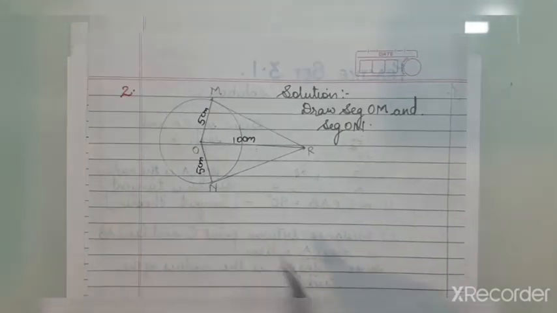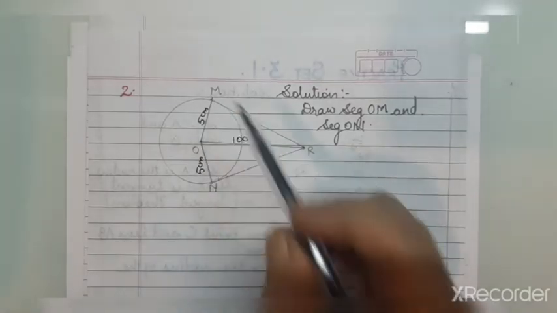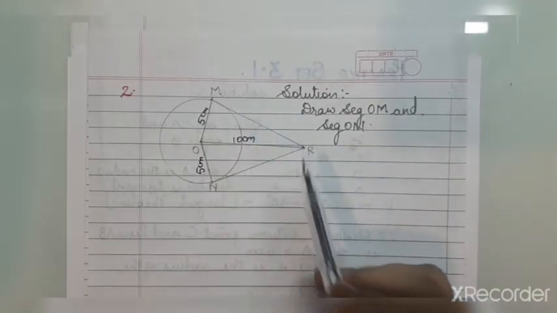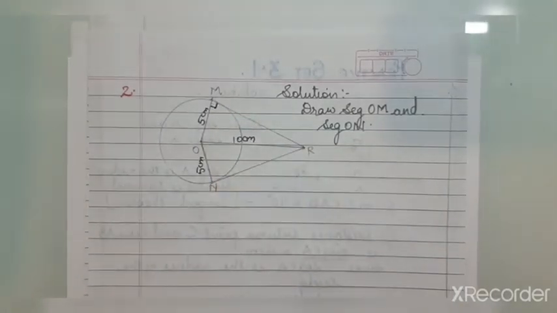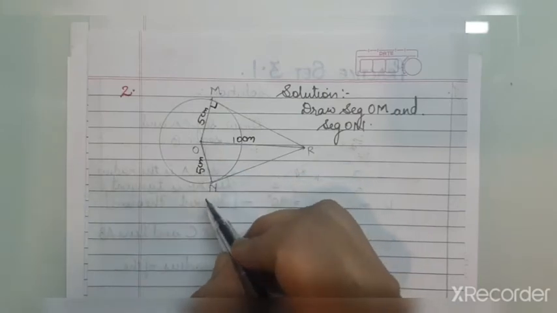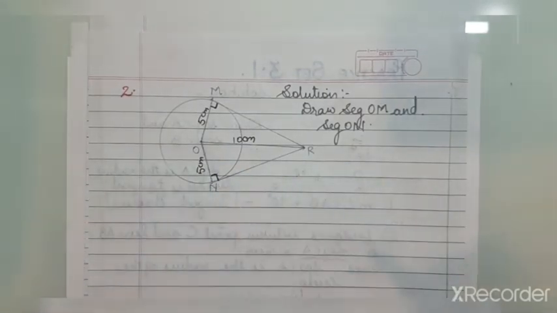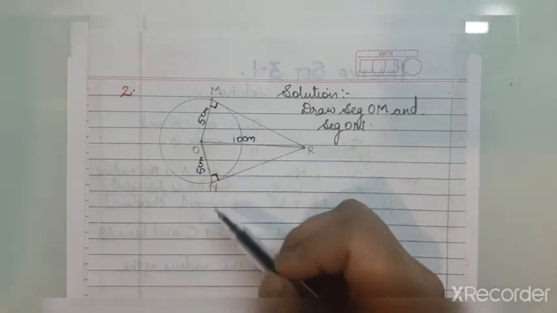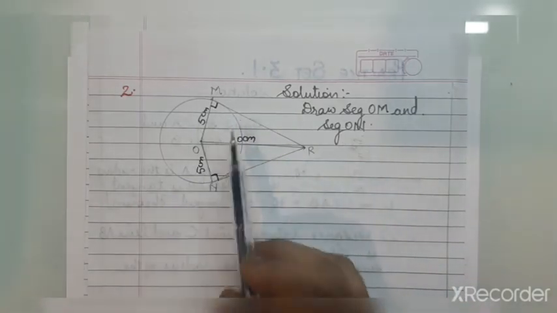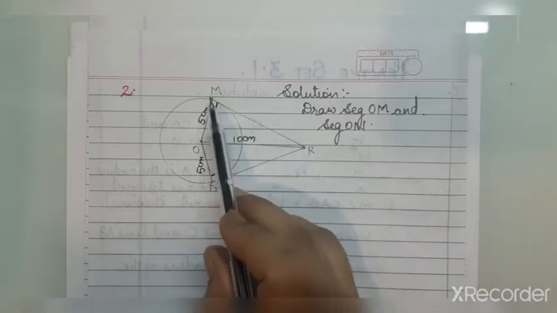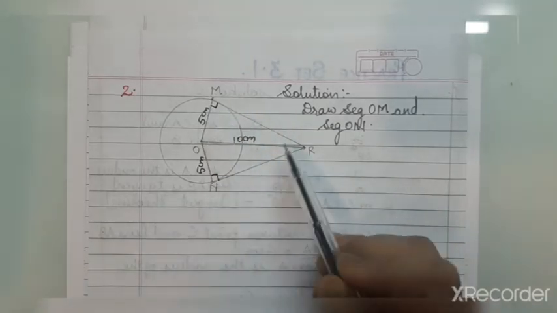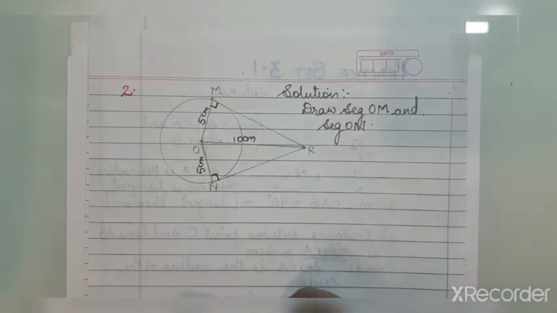Now we need to find RM or RN. We know that OM is the radius and RM is a tangent, and by the tangent theorem the radius and the tangent are perpendicular. Same here, ON and NR are perpendicular. Clear? So we have two right angle triangles. We do not need to find both, because even if you find RM, it will be equal to RN as tangent segments are always congruent.